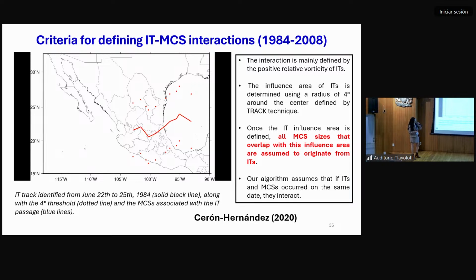We also assume that the mesoscale convective system and the inverted trough are interacting if both areas, the system and the radius of influence, overlap at some point. So we assume that the inverted trough is the origin or is causing the formation of the mesoscale convective system.